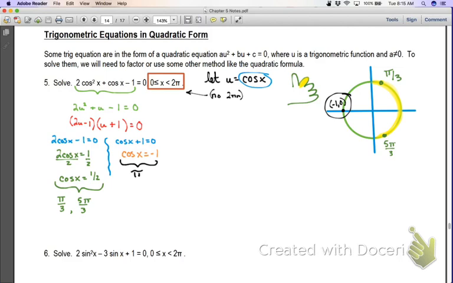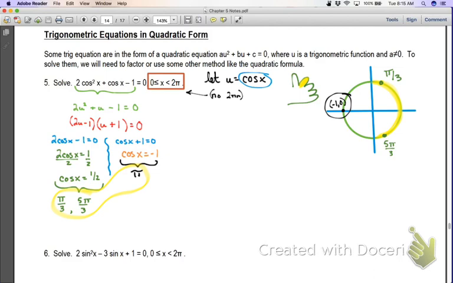So then, as far as all of my options, all of my spots where this could be true is at pi over 3, 5 pi over 3, and pi. Biggest thing to remember is the reason why we use the u is 2u squared plus u minus 1 is a heck of a lot easier to factor than 2 cosine squared of x plus cosine of x minus 1.